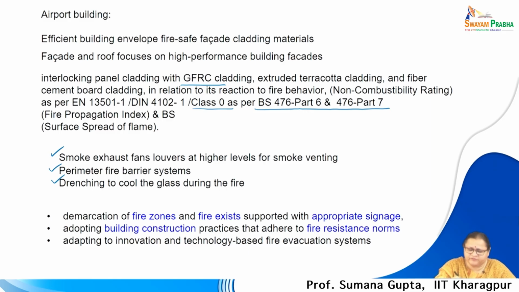So, demarcation of fire zones, fire exits, appropriate signage, adopting proper building construction practices and following the fire resistance norms are to be taken into consideration while designing an airport building.